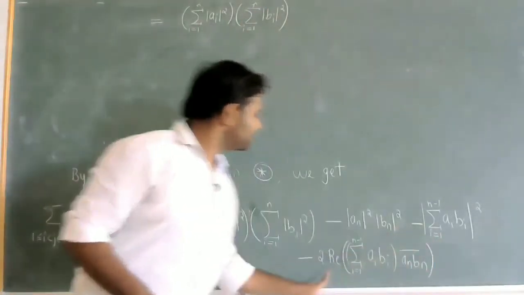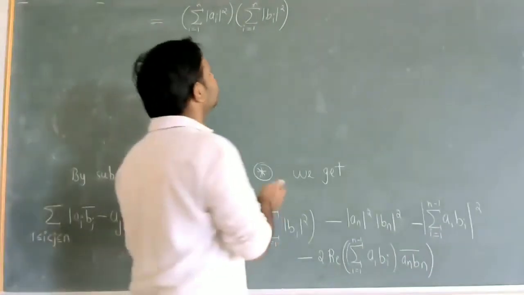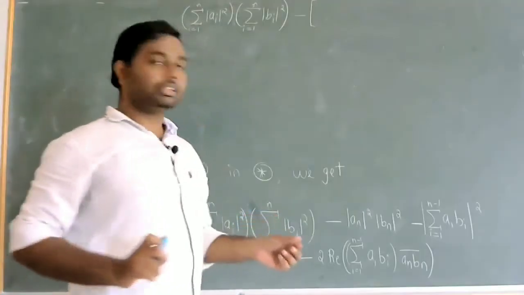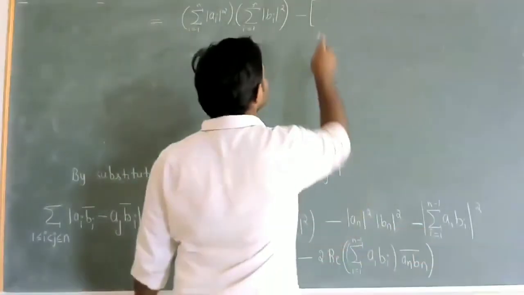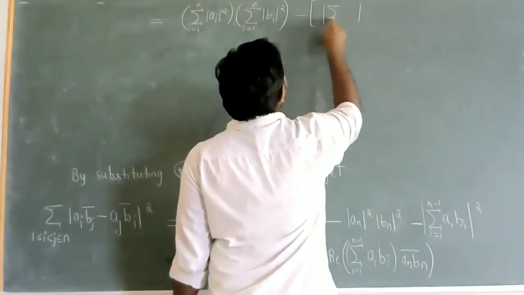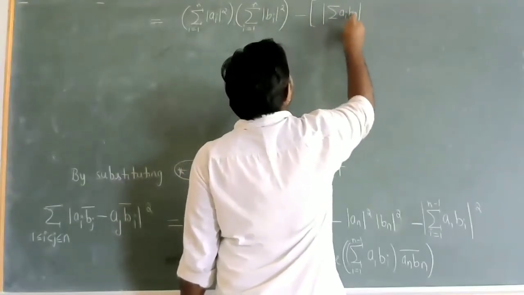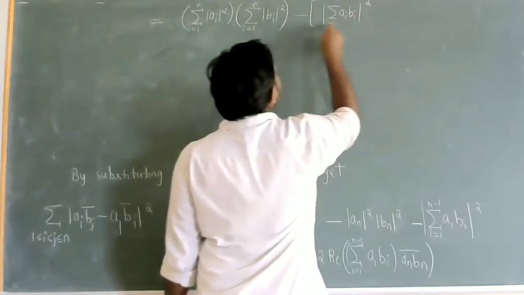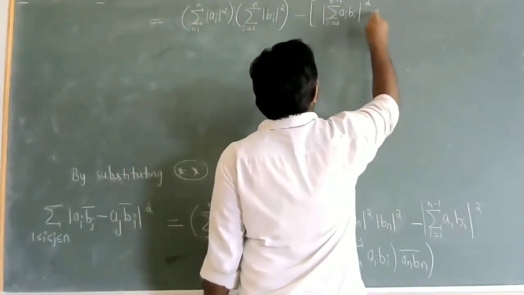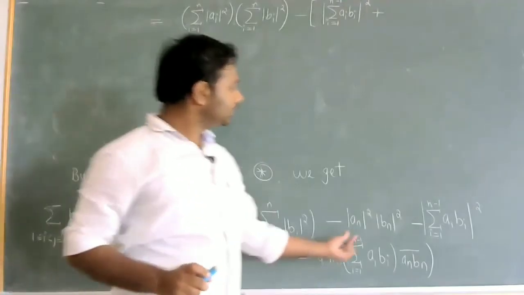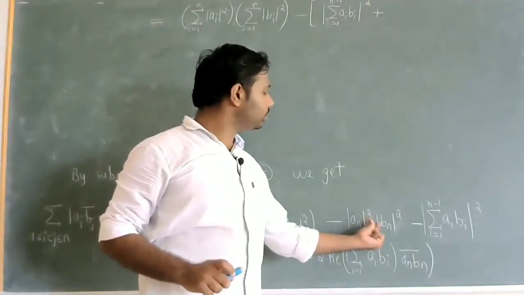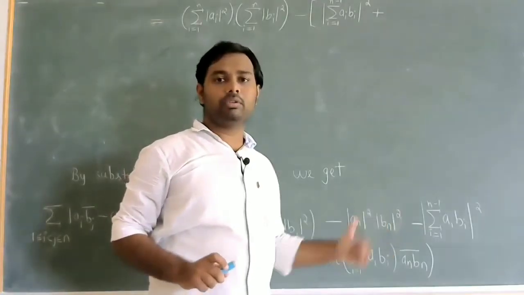So for all these terms minus is common, so I'll take minus outside. So I'll write the first term. So it is modulus of summation ai bi whole square, i running from 1 to n minus 1, plus, so this is the second term. So modulus of an whole square into modulus of bn whole square is there.